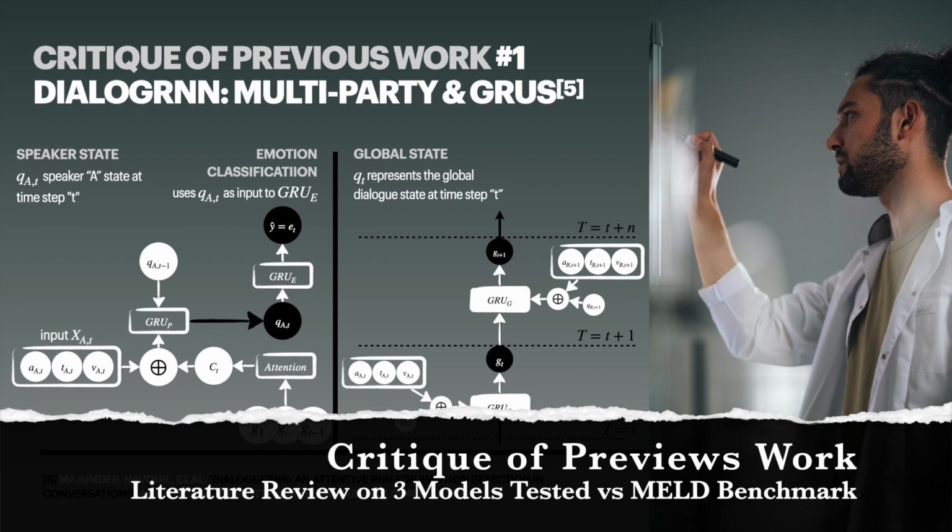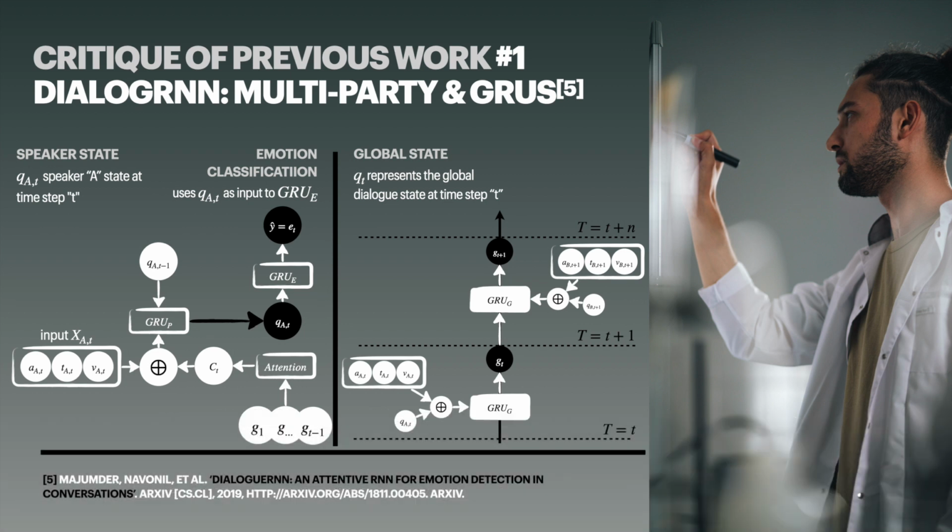The first piece analyzed was the research paper DialogueRNN by Majumder et al. from 2019. Its proposed model architecture is based on multiple gated recurrent units, or GRUs, assembled together to model each speaker's context, as well as the dialogue's context, and use these combined representations as an input to the emotion GRU, responsible for outputting the emotion class.